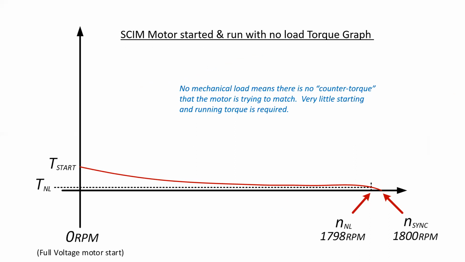And once it gets up to speed, it almost needs no torque at all. And so we can see here that the speed of the motor is actually a little bit higher than the nameplate. Remember, the nameplate speed for this motor was a little bit slower than 1798. It was 1740. So if I run a motor with no mechanical load, I would expect it to run a little bit quicker.